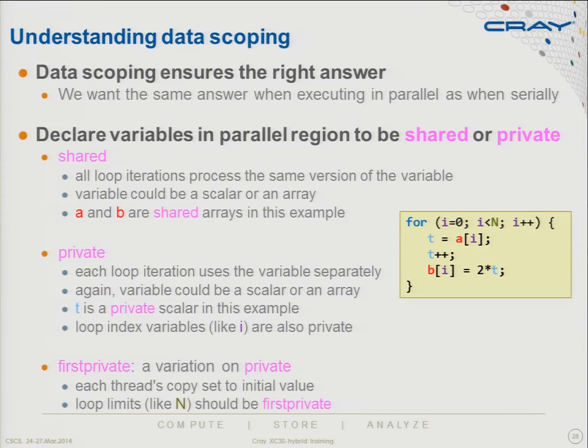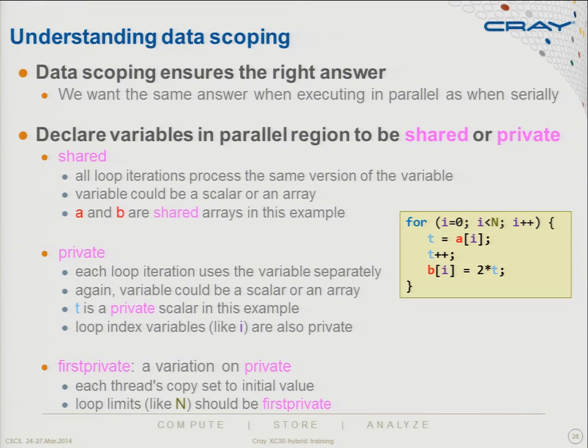So in this example, where I am doubling the values of an array with an intermediate temporary called T, A and B are shared arrays. The threads between them will process that single copy of the array. Private means each loop iteration will use its own copy of the variable. T is a private scalar. Loop indices are also private.